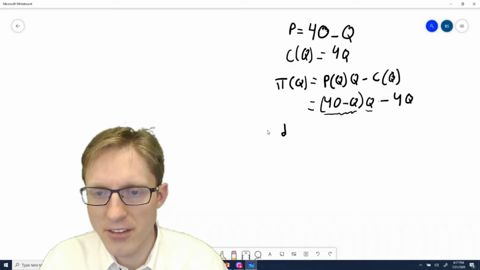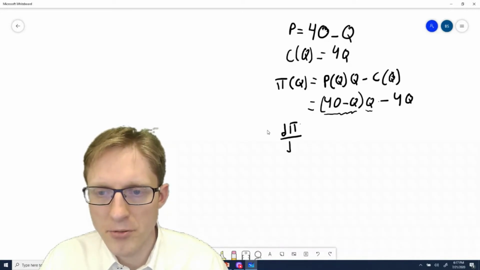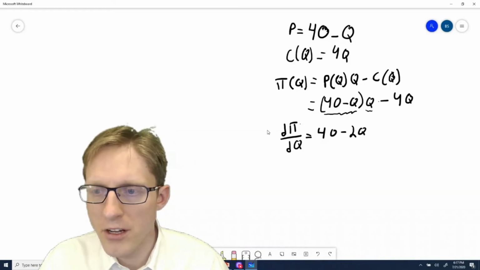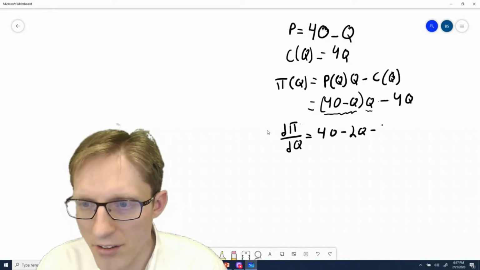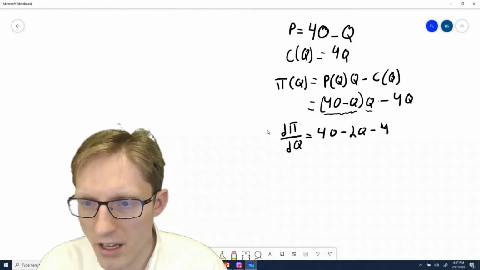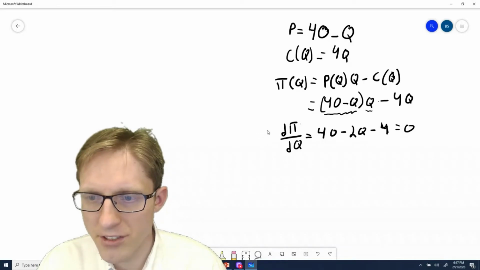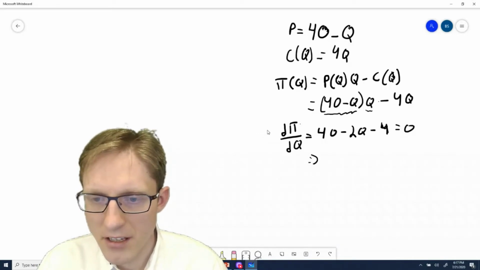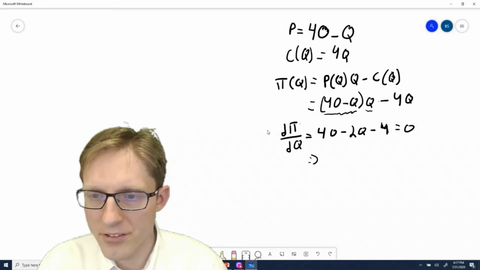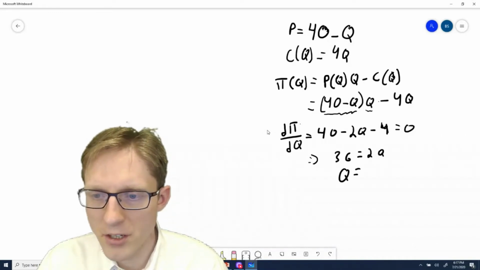So let's take the derivative of profits with respect to Q, and that's going to be equal to 40 minus 2Q minus 4 is equal to 0. Okay, or it's going to give us that 36 is equal to 2Q, or Q is equal to 18.